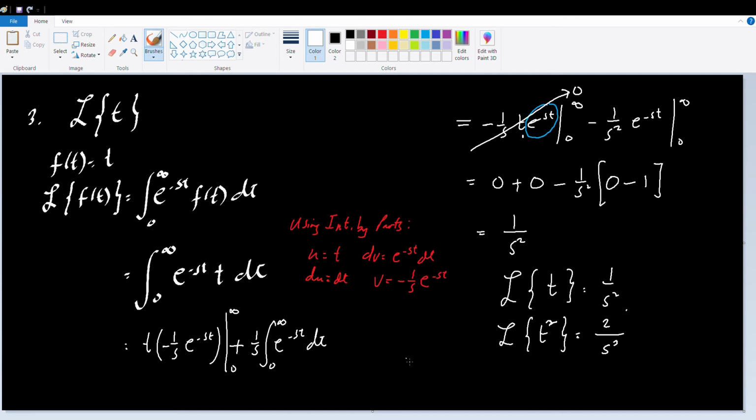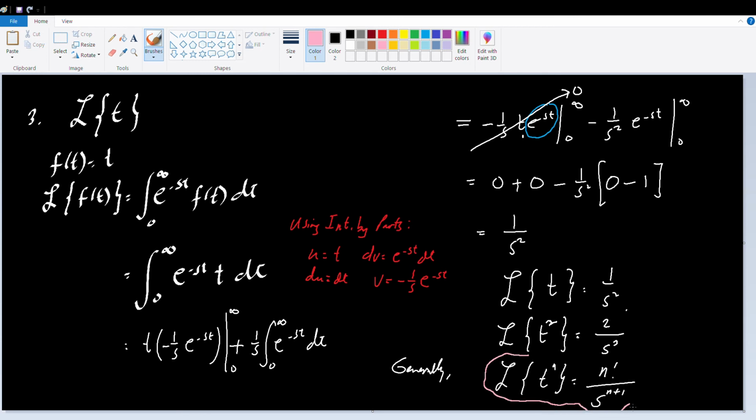Generally, the Laplace transform of t raised to some power n is equal to n factorial over s raised to n plus 1. So let us encircle this.